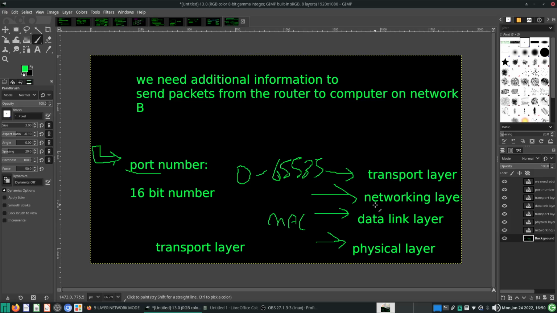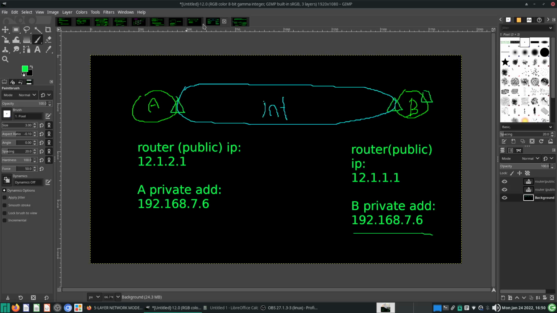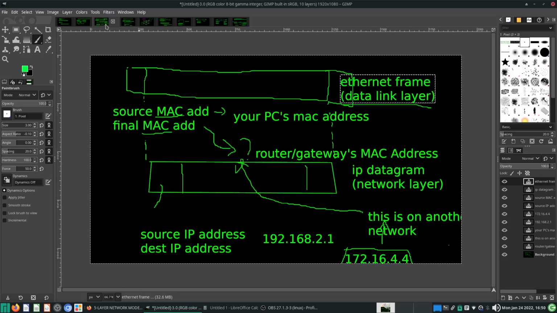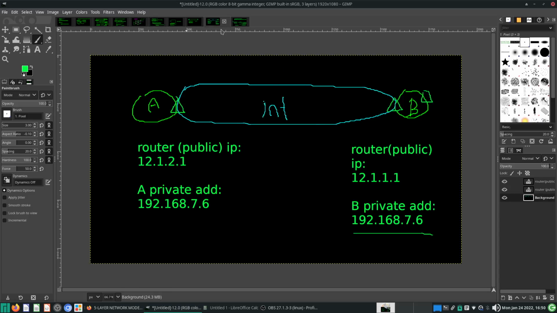So this port number will supply us enough information to forward data packets. It will provide the information necessary to tell the router on B that it needs to forward the packet to this IP address.